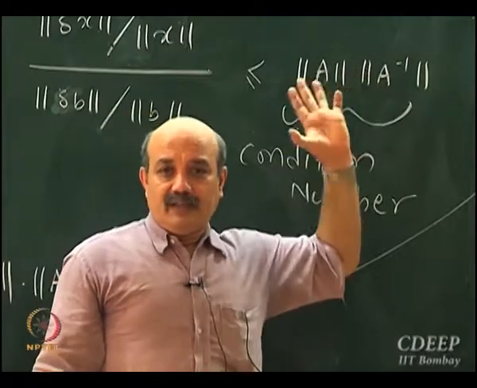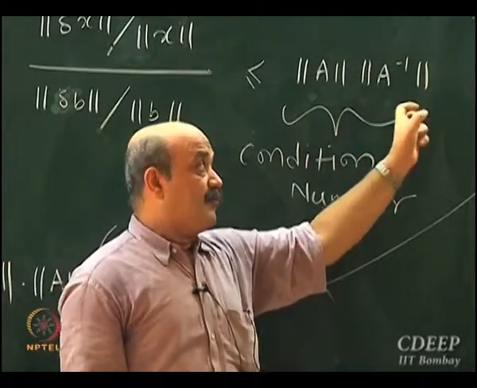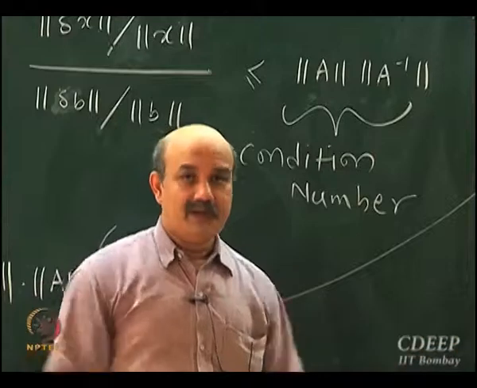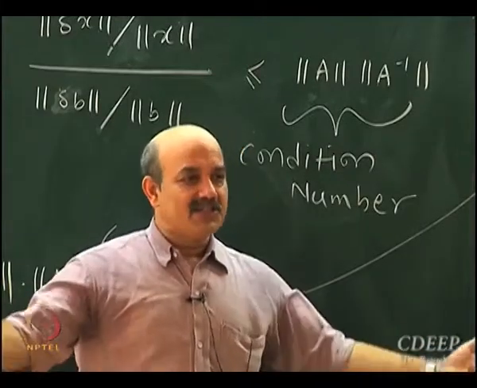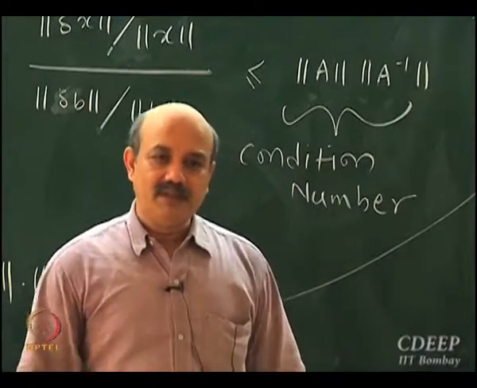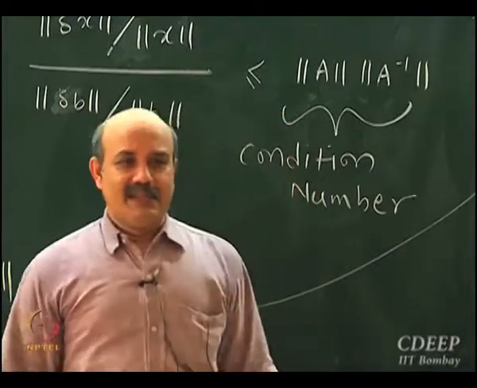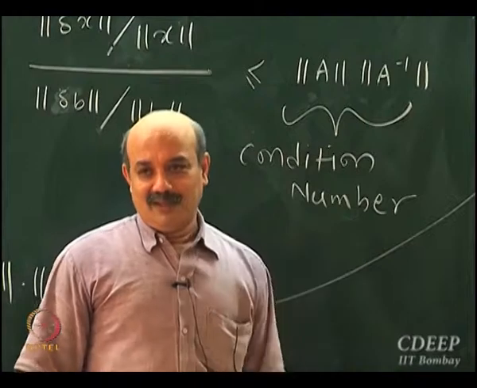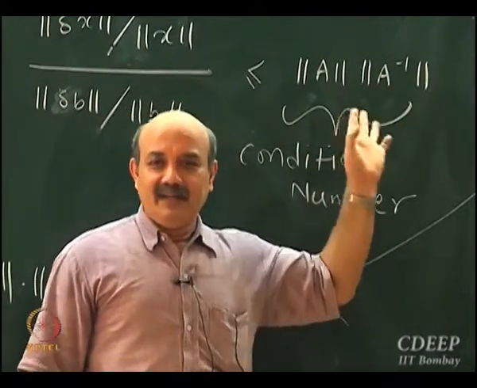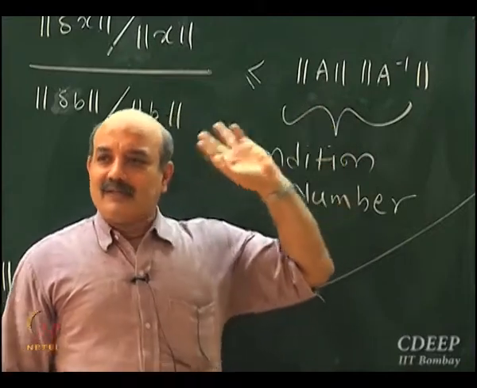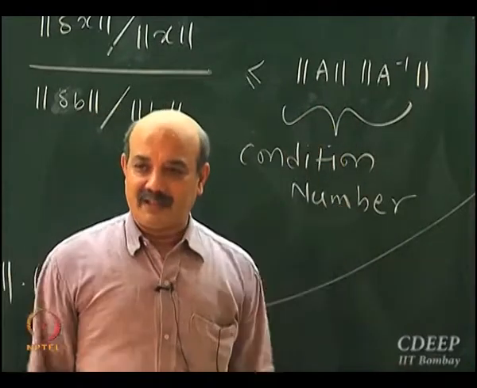To give you a thumb rule, if this number is large, and what is large? Large is say above 1000. This is more like Reynolds number. If this quantity is between 1 and 100, then the matrix is well conditioned.